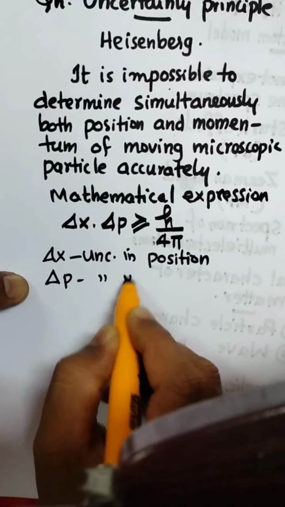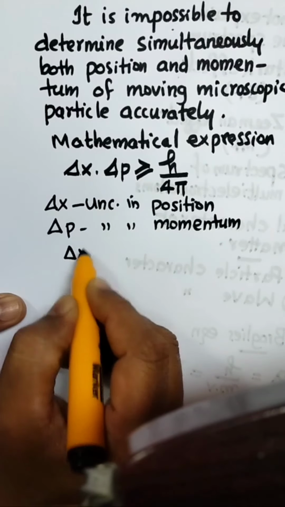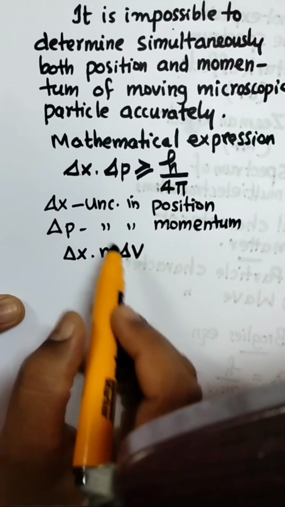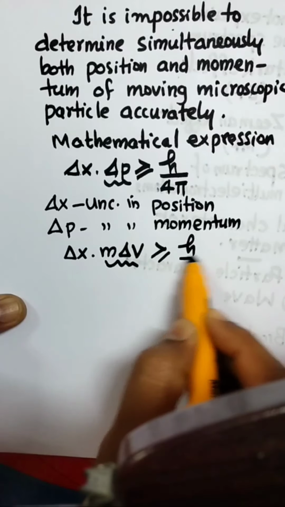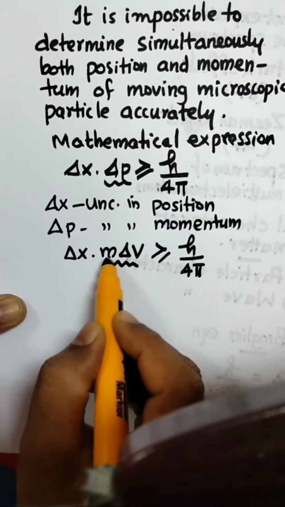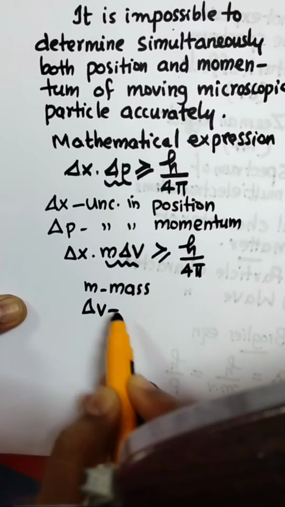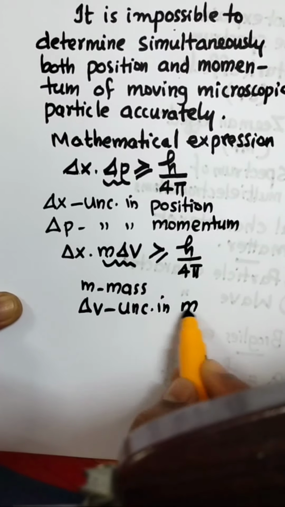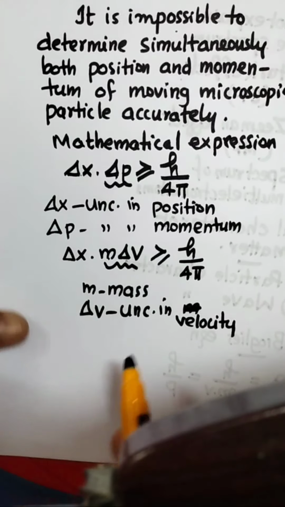Delta p is uncertainty in momentum. Then delta x into, instead of this delta p, we have to write m delta v greater than or equal to h by 4 pi, where m is mass and delta v is uncertainty in velocity.